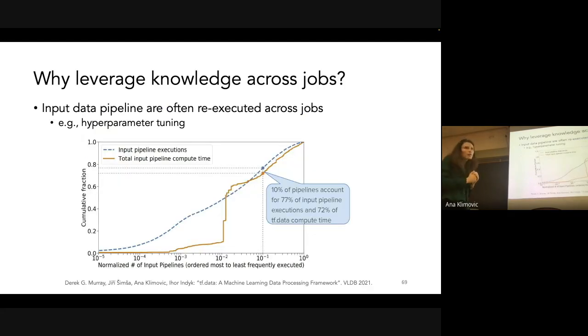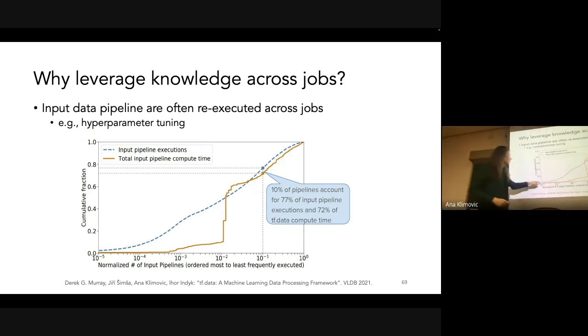Why might you want to leverage a global view? It turns out that there's a lot of repetitive data computation happening in input data processing. This is again from the Google study, where for a one-month period, we studied millions of jobs. Here this is the CDF, where on the x-axis, we order unique input pipelines that we saw during this month, from most to least frequently executed.